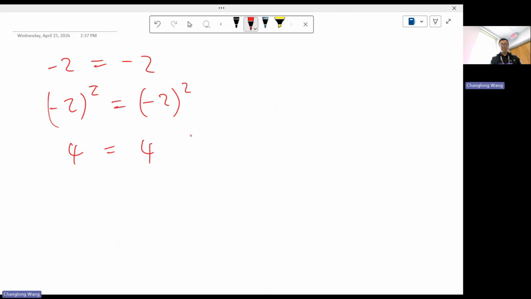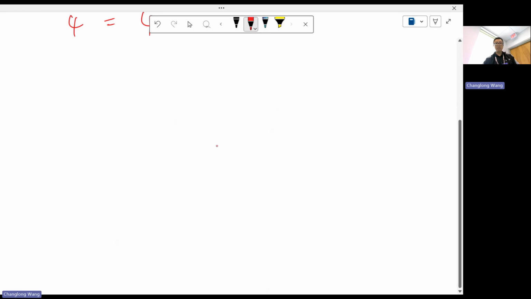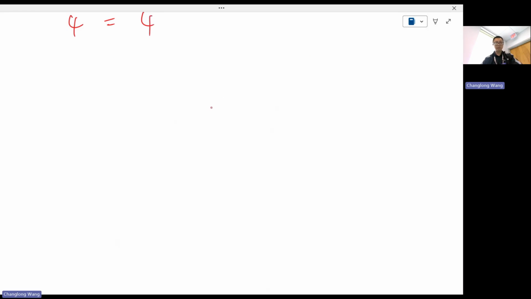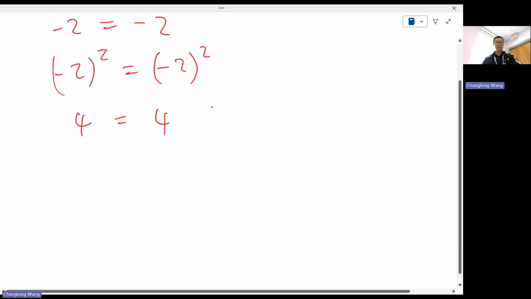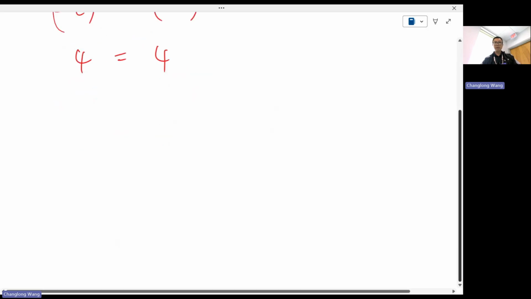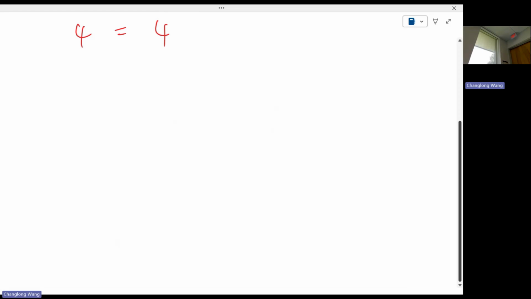But now, let's say somehow you decide not to tell your reader the whole story. You say, look, I have an equation, 4 equals 4. It came from squaring another equation. Would you be able to find out the equation before I square it? Like I said, I squared the equation and got 4 equals 4, right? I'm asking you, what would be the equation before I square it?